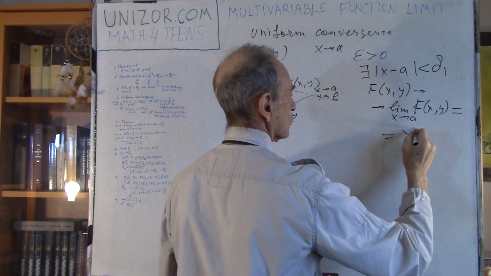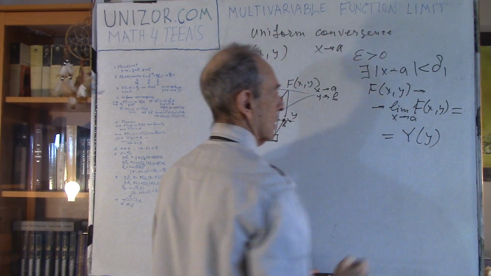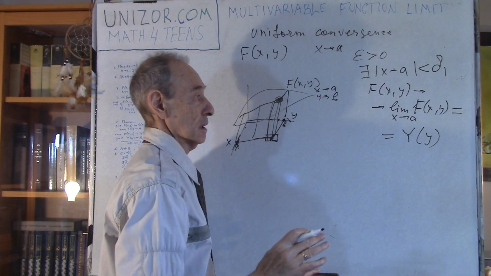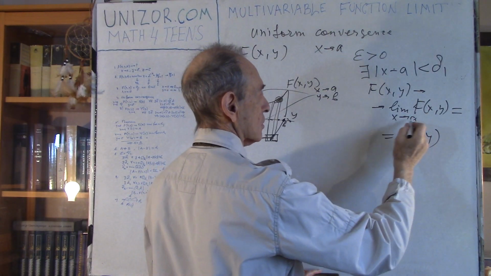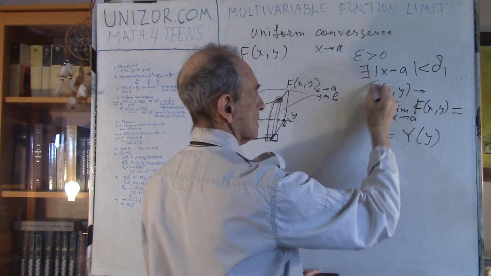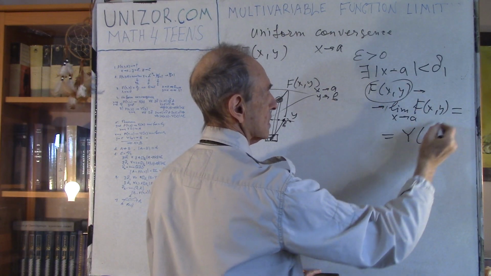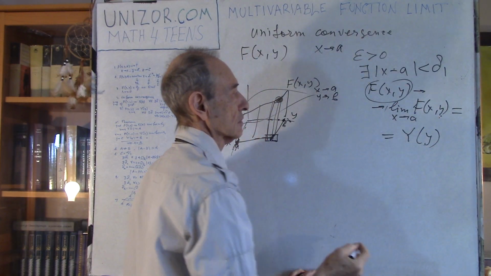It will be close to the limit of f of x y as x goes to a. Let's call this function phi of y, because we are not fixing y, x goes to a, but we are not touching y. So as x goes to a, this function goes to this limit, and the limit would obviously depend on y.